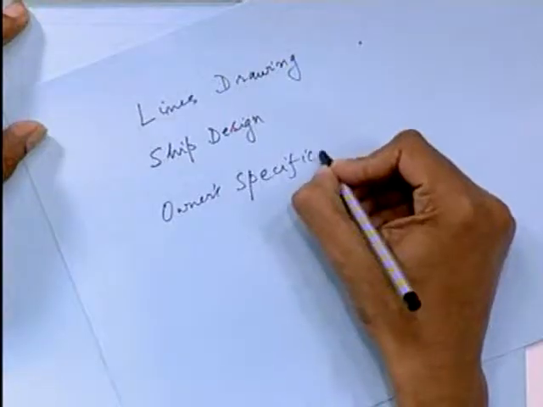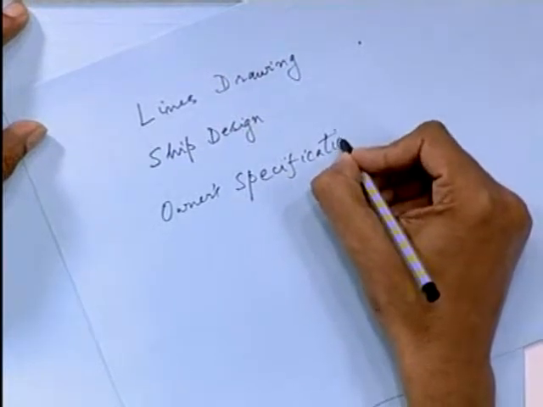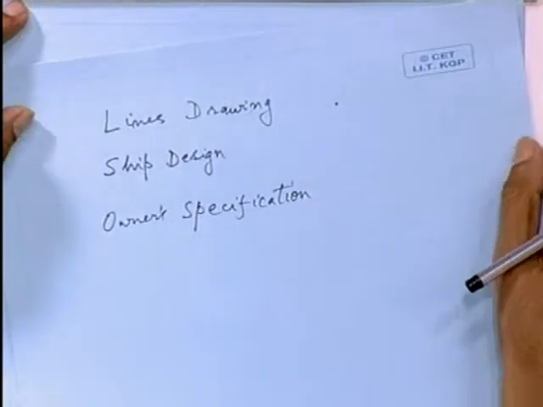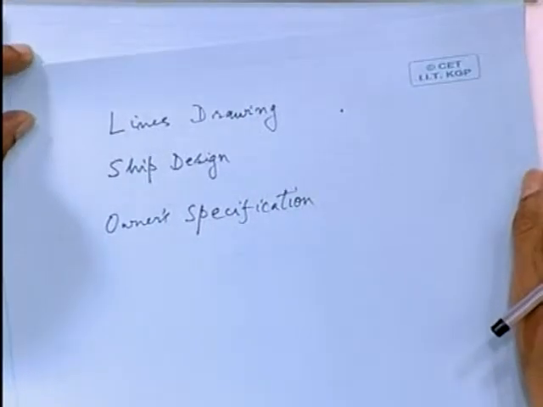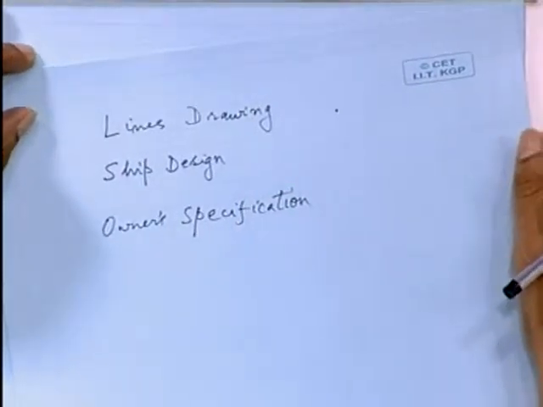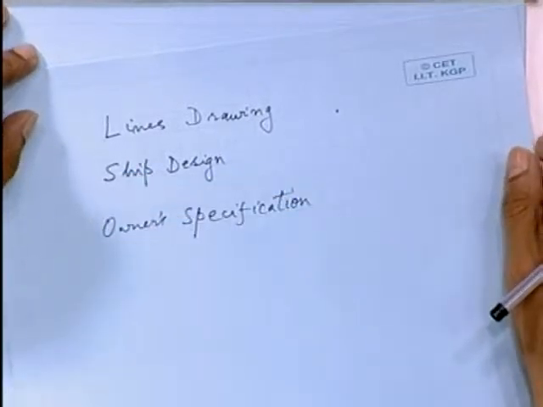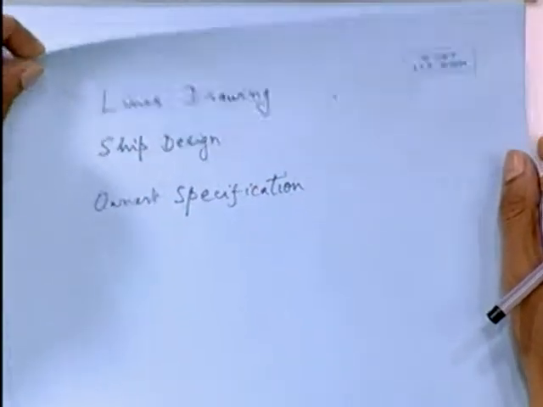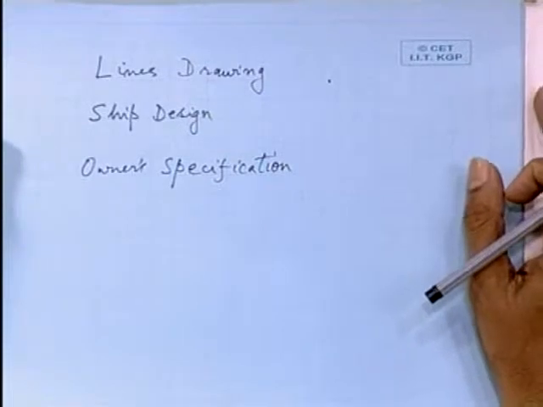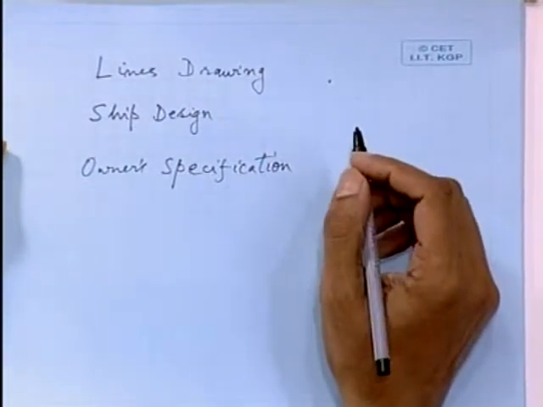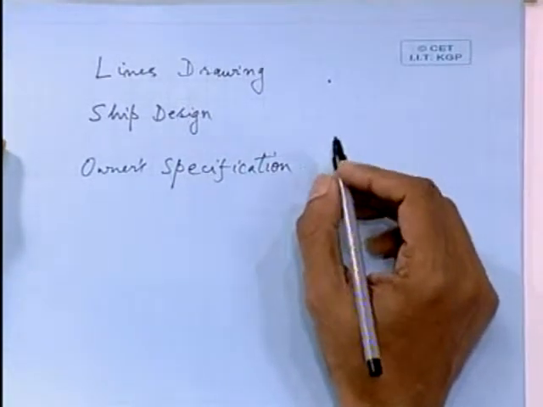This is very important, that the ship has to perform certain tasks according to the specifications laid down by the owner. Until and unless the owner is satisfied after the ship has been built with the specifications as he has laid down, he may not accept the ship, or he may put some penalty clause and all that.